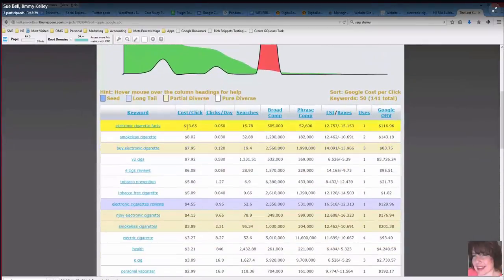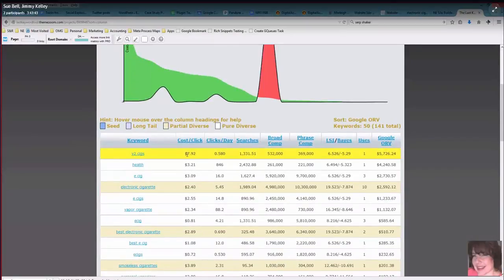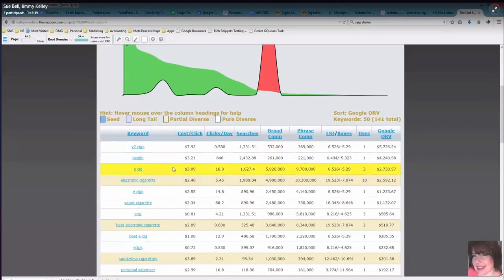So you can see you've got a lot of cost per click, but you don't have a lot of searches or a lot of clicks per day. And so that number's a little bit on the low side. So if I sort now by Google ORV, I'm going to get a combination of a lot of clicks and the top cost per click value. And that changes the layout just a little bit.